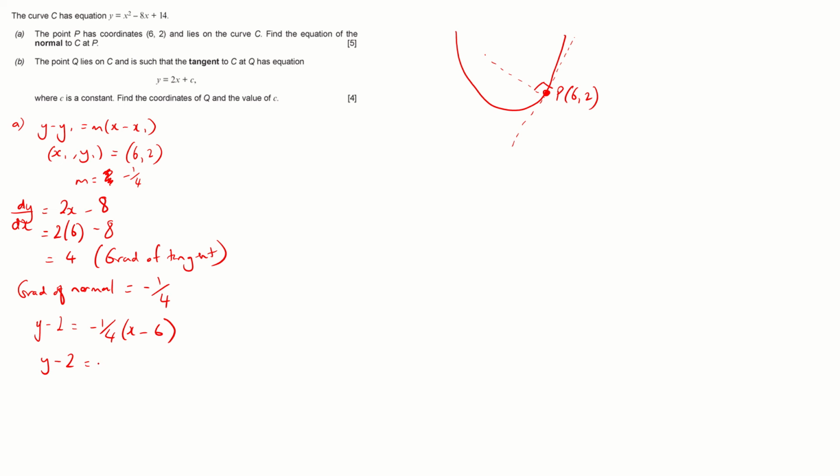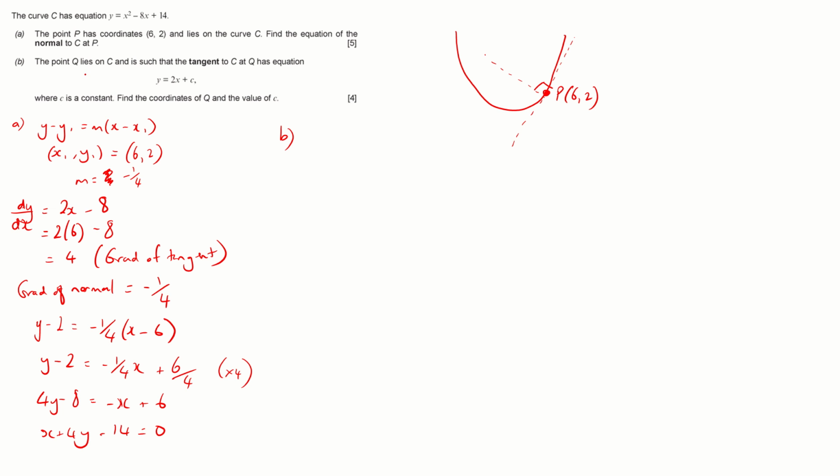So y minus 2 equals minus 1 over 4 x plus 6 over 4, which I'll leave like that for now, times by 4. 4y minus 8 equals minus x plus 6, so x plus 4y minus 14 equals 0, if you want to rearrange it like that.